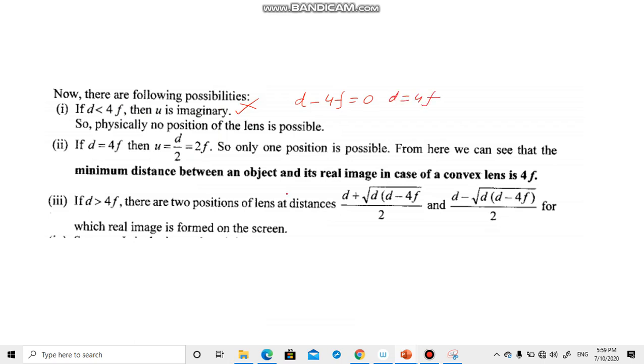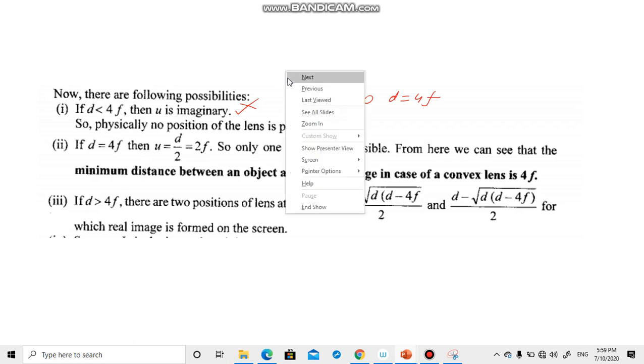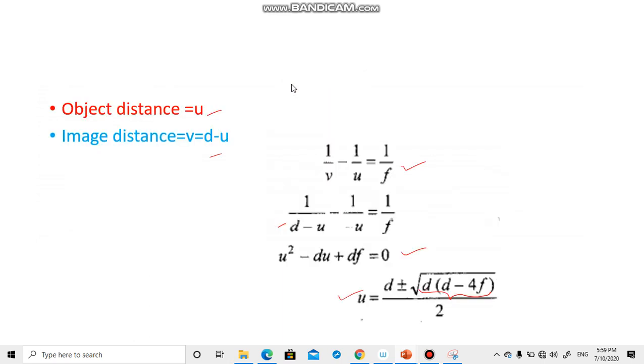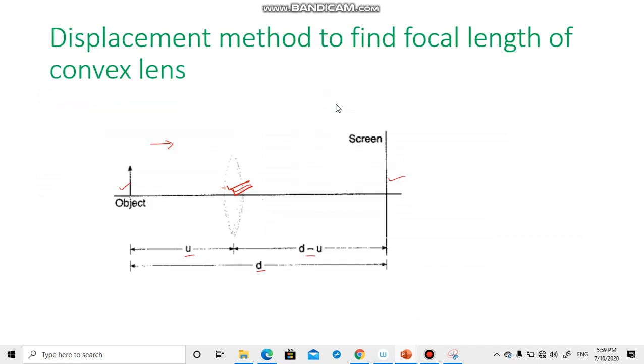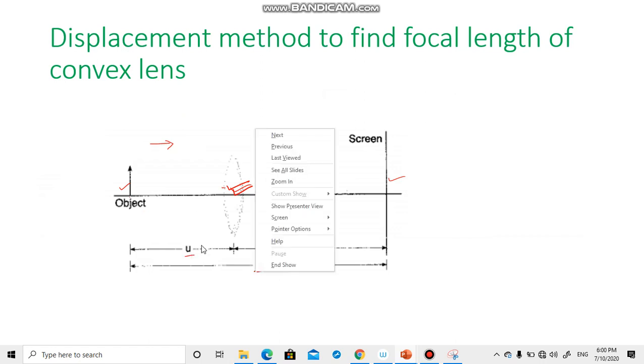So here, if D is equal to 4F, U will be D by 2, so it will be 2F. So only one position is possible. If this D value is equal to 4F, then U is D by 2.